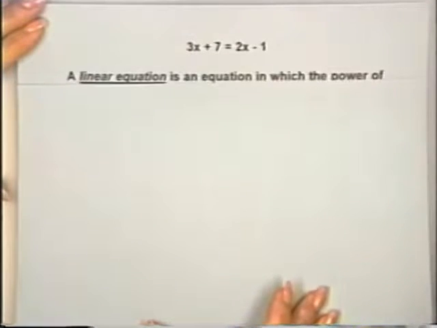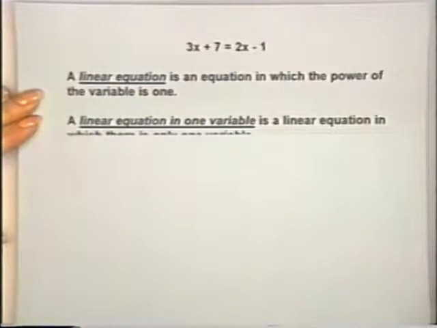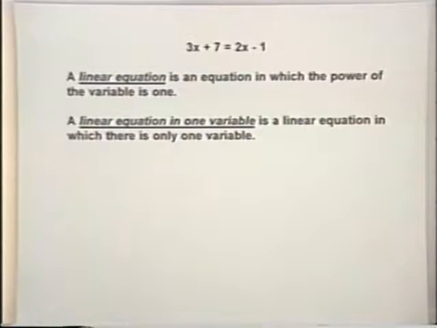The exponent is assumed to be a 1, which means that the variable is raised to the first power. A linear equation is an equation in which the power of the variable is 1. A linear equation in one variable is a linear equation in which there is only one variable.